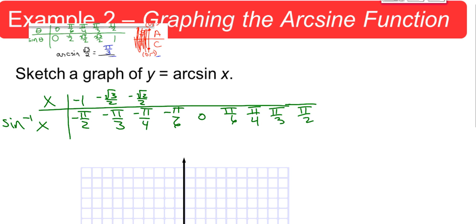At negative pi over 6, it's -0.5. I'll put it as 0.5 right now because I'll be plotting it. At 0, it's 0, and then I'll put those as positive. At pi over 6, it's 0.5. Pi over 4, square root of 2 over 2. Then square root of 3 over 2, and then positive 1. Oh yes, the first one was -0.5. Thank you. And now for technical support, I would like to know what the square root of 2 over 2 is as a decimal.